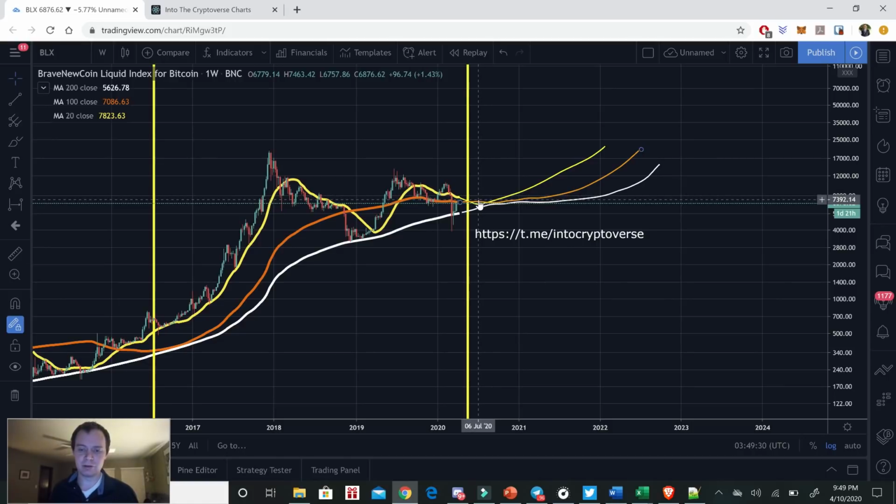So this would mean essentially that the 20-week moving average would meet the 200-week moving average at a price of around, say, $6,500, and maybe it would happen in the summer. And so clearly, the price could just stay pretty much humdrum until then, for all I know, and these moving averages would still converge. The 100 week would also meet the 200 week at around, say, a price of $7,000.